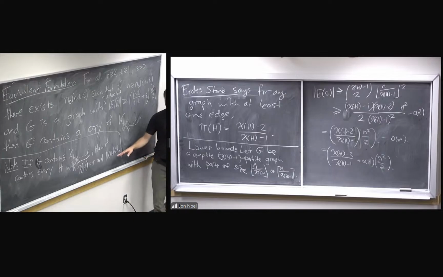That seems like a natural thing to write down. Although that statement wouldn't be quite true, because what if H has r times t vertices? The coloring may not break it into classes of size t.